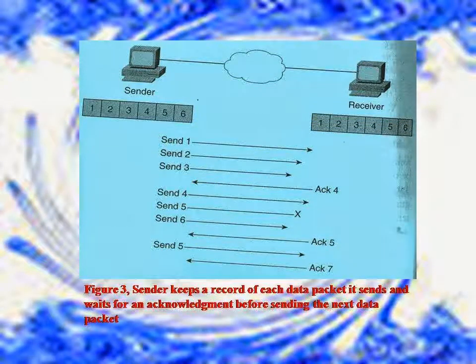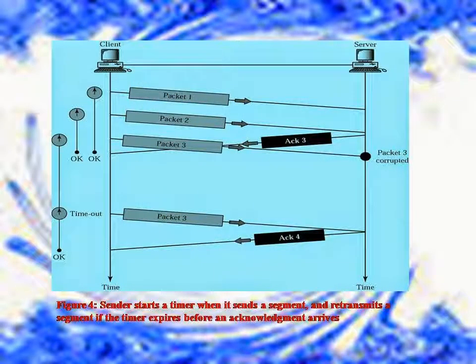For example, in figure 3, the sender keeps a record of each data packet it sends and waits for an acknowledgement before sending the next data packet. The sender also starts a timer when it sends a segment, and, as in figure 4, retransmits a segment if the timer expires before an acknowledgement arrives.